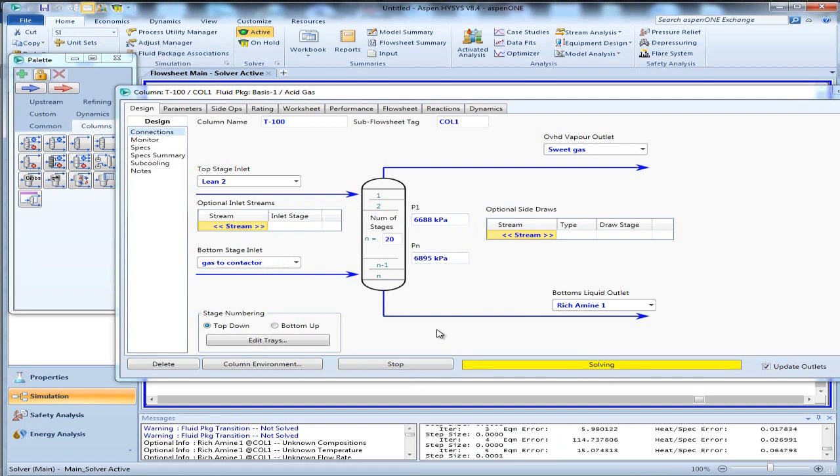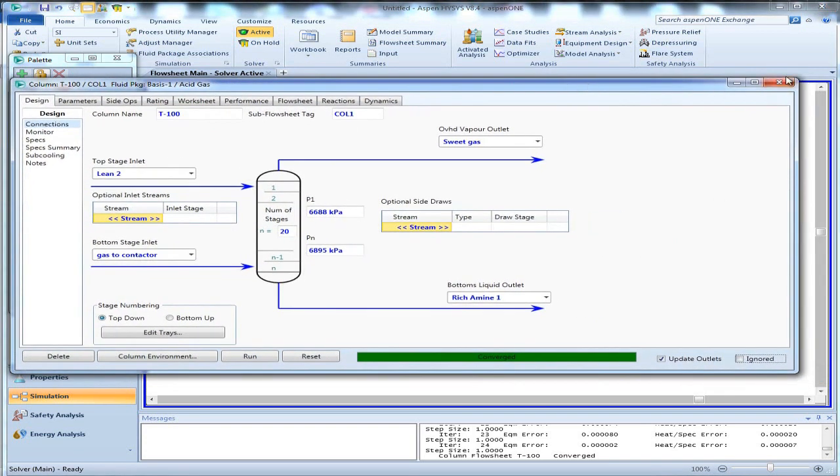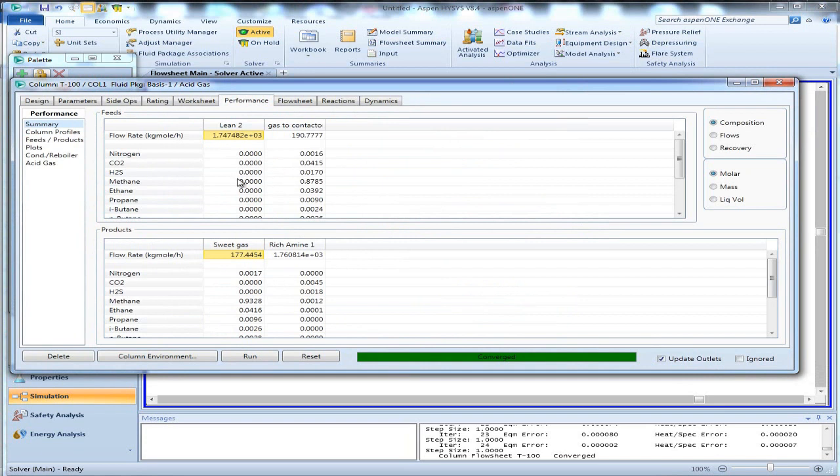Okay. Now the contractor is solving. Okay, it is converted now. So we can take a look at what happened to the system here in the performance. You can look at here.